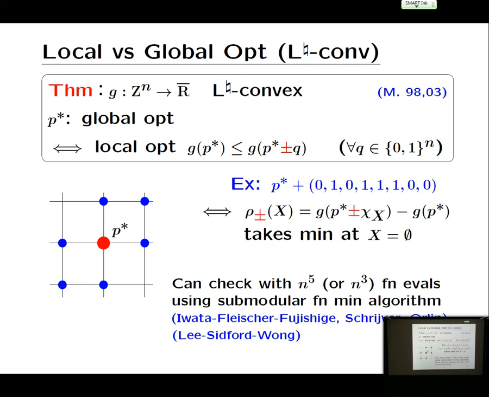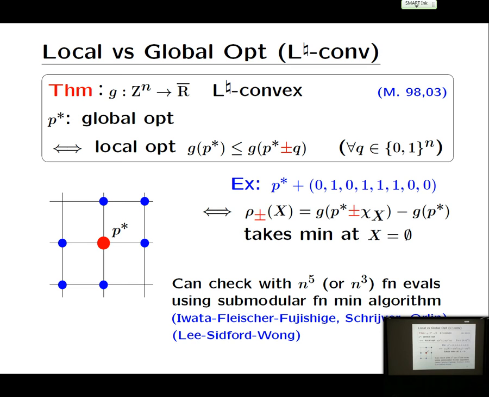Where's L? Oh, it skips. For L, this is interesting. Here is a point. The neighborhood is 2 hypercubes, above and below: p star plus minus 0 vector, so twice 2 to the n. The size of the neighborhood is exponential, but this can be checked in polynomial time using submodular function minimization.